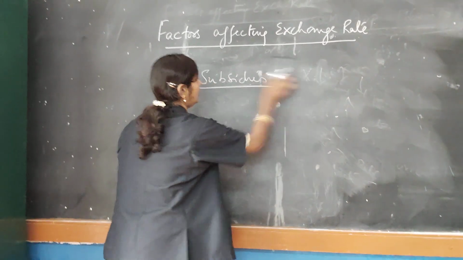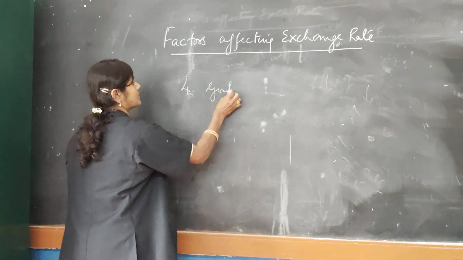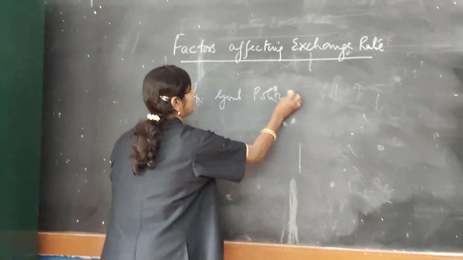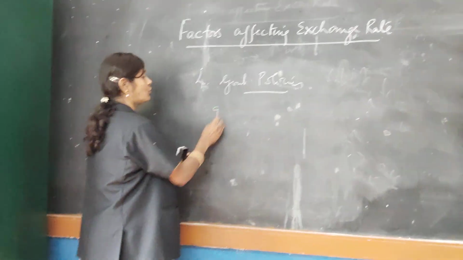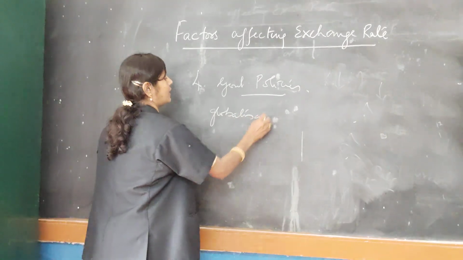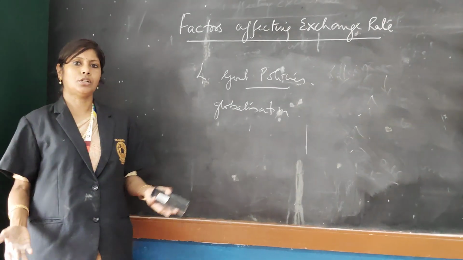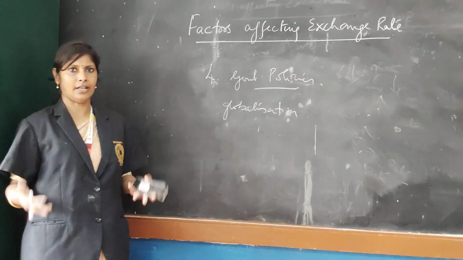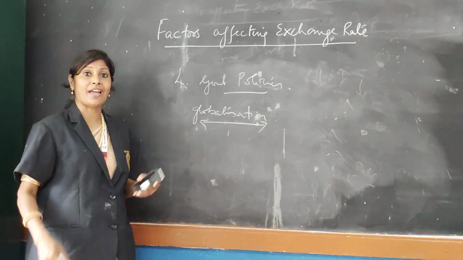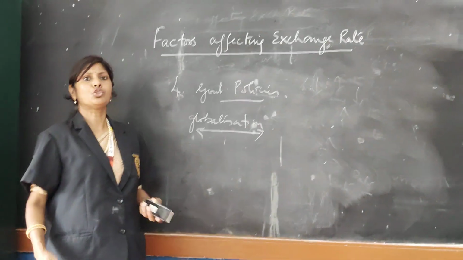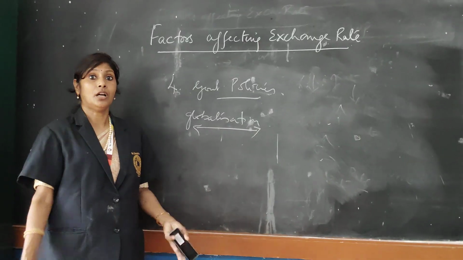Next, we move on to the government policies. If the government is following a very liberalized policy, say for example globalization. Globalization is a very effective tool for selling the products at a global level, and this particular policy is widely used by many countries to improve their balance of payment situations and improve their foreign exchange earnings, right?